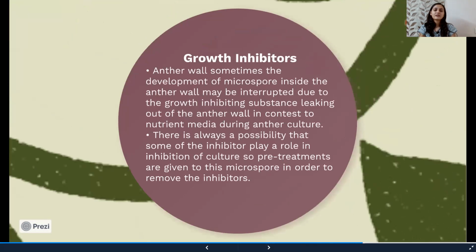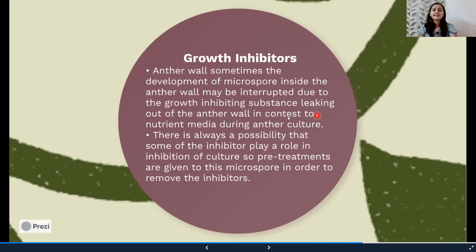The third is growth inhibitors. Sometimes the development of microspores inside the anther wall may be interrupted due to the formation of certain growth inhibitors.